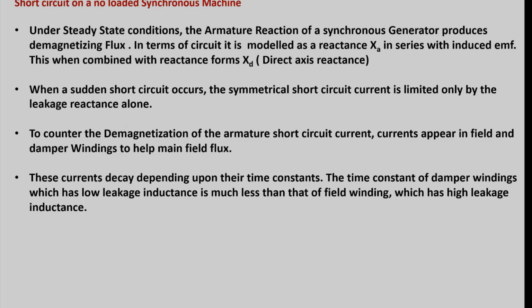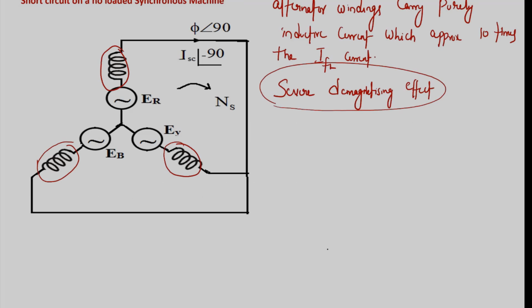Under steady state condition, the armature reaction of synchronous generator produces demagnetizing effect, produces demagnetizing flux. So this demagnetizing flux is opposite to main field flux. So how do we model this demagnetizing flux in order to explain it?